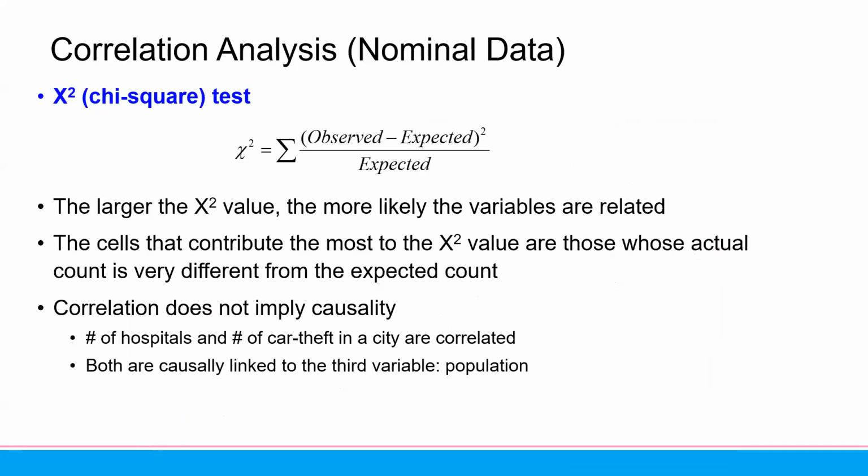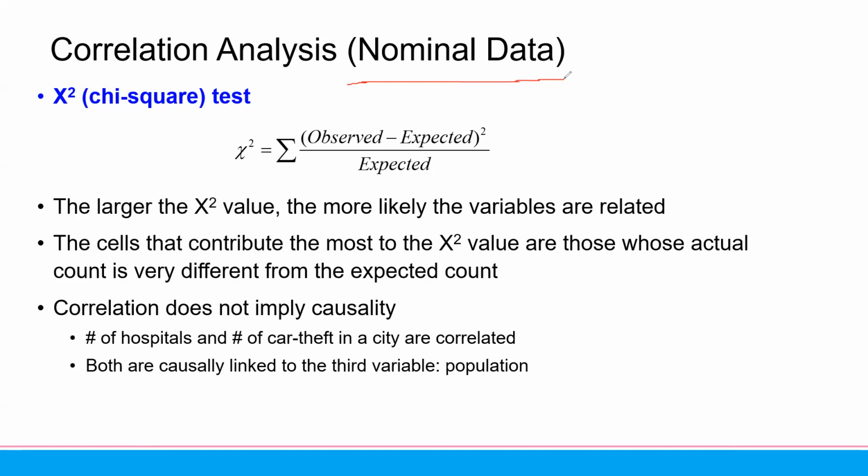In correlation, we will study more methods later, but I would like to teach you only two here. The first is correlation analysis, and this correlation analysis is for nominal data. Do you still remember what nominal data is?